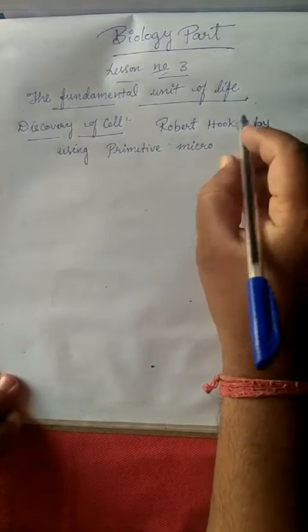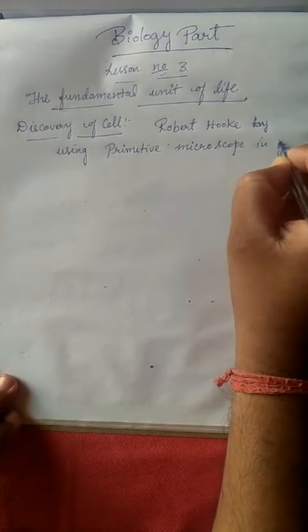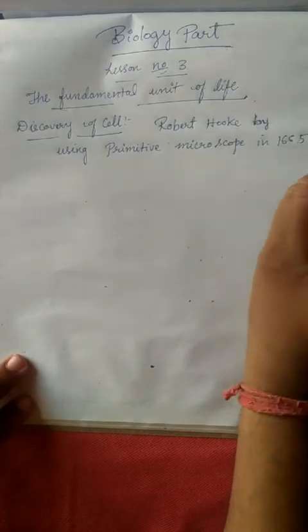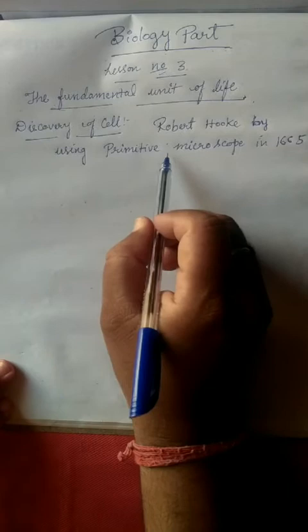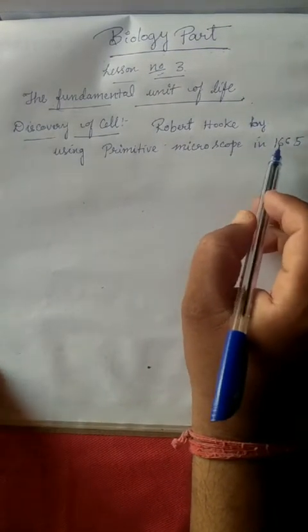In the year 1665, Robert Hooke discovered the cell using a primitive microscope.